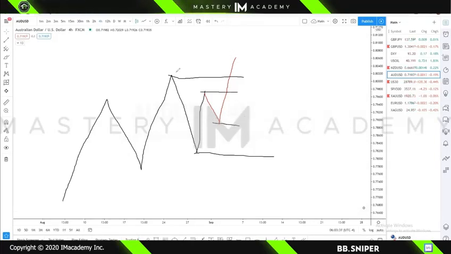Now, whenever the 4 hour creates that higher high and takes out the highs, as in the wicks, the liquidity on top, what the 4 hour is usually going to do is give you a retracement of the entire 4 hour range, from here to wherever we start to retrace.